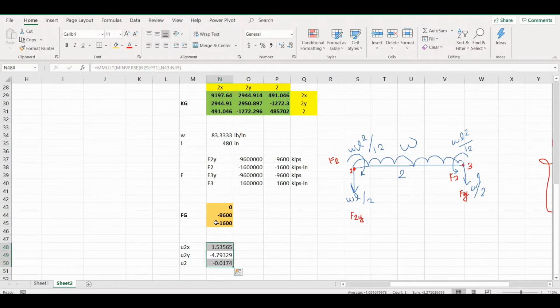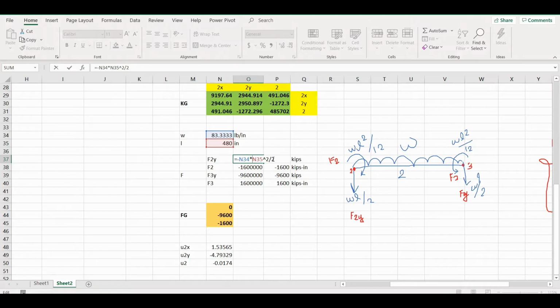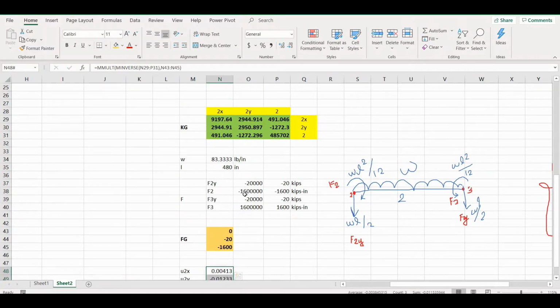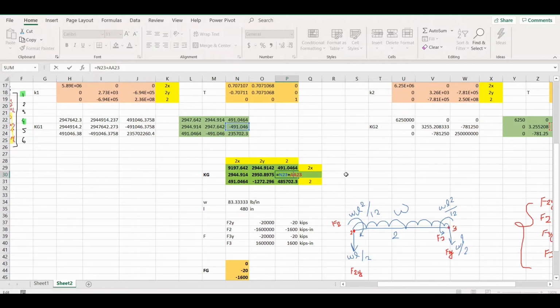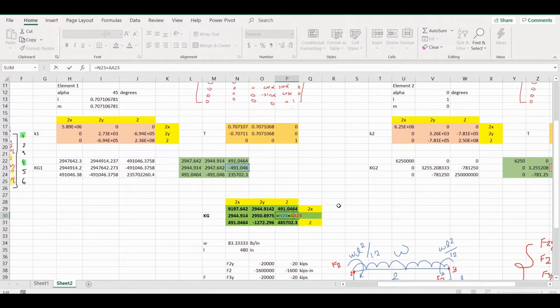Let's see. There we go. Did I make a mistake here? Oh, sorry, this is omega L by 2. Now let me confirm here. Let's check it at this point. What happened here?